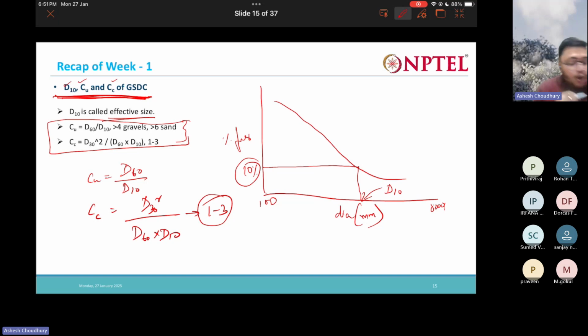Now what about cohesive soil or clay soil? For clay soil, Cu and Cc do not actually help us in classifying that type of soil. For that we need some more parameters, and we will see what those are.